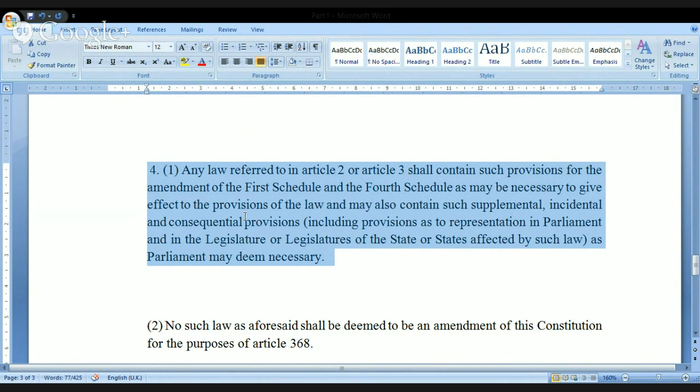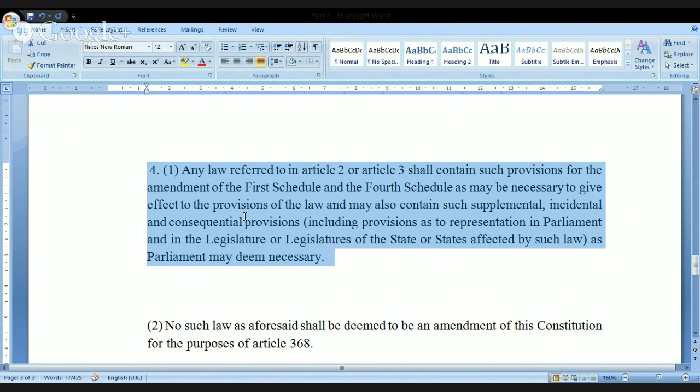Meaning is simple: if we are touching Article 2 and Article 3, we are automatically amending the First Schedule and the Fourth Schedule, as may be necessary to give effect to the provisions of the law, and may also contain such supplemental, incidental, and consequential provisions, including provisions as to representation in Parliament and in the state legislature or legislatures of the state or states affected by such law as Parliament may deem necessary.